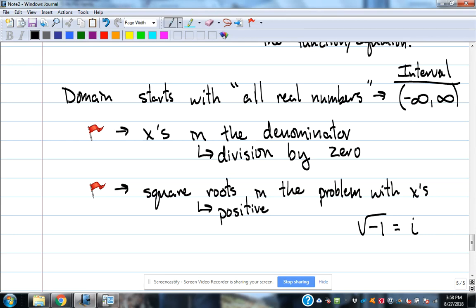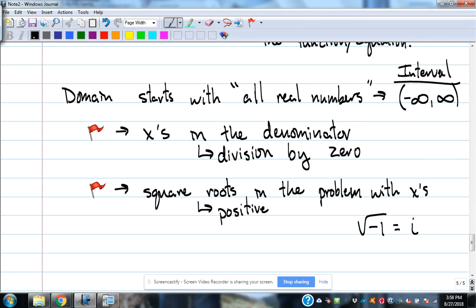One of those is that there's an x in the denominator or something with an x in it in the denominator. The other red flag is that you have an x or something that has an x in it underneath the square root. So we need to find out, well, when is that stuff under the square root positive? Because if it's negative, then the i comes in, and we don't need any of that when we're talking about domain. We don't worry about the i's when we're dealing with that.